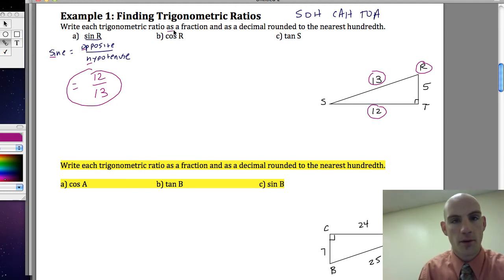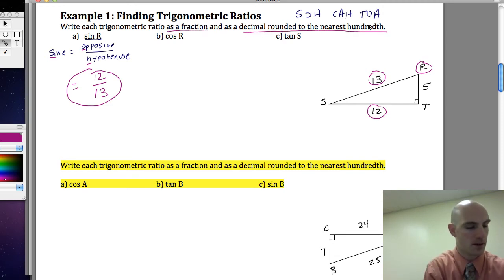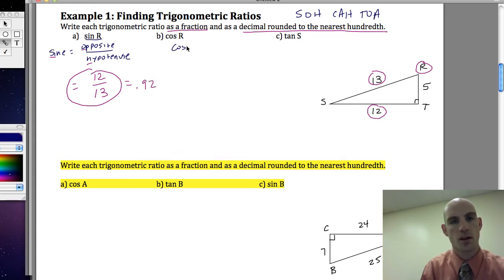Okay? So I want to write it as a fraction and as a decimal rounded to the nearest hundredth. So when I plug this into my calculator, I do 12 divided by 13, tenths, hundredths, so this is equal to 0.92. Okay? Let's do the cosine. Cosine. When I look up here, adjacent over hypotenuse.